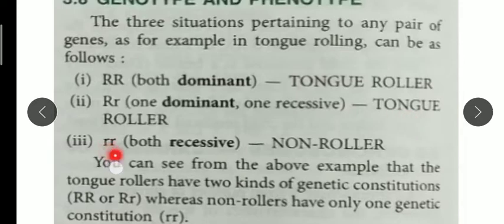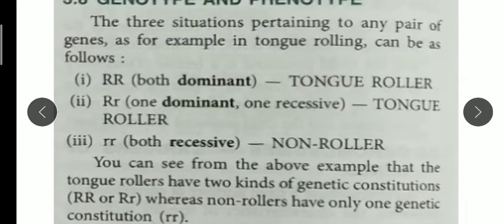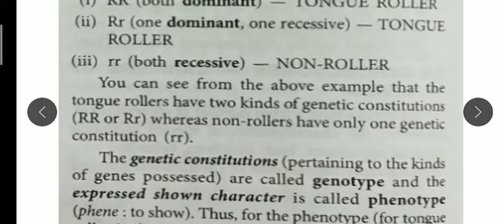But in the recessive case, small rr, the person is unable to roll the tongue because they do not have the gene for tongue rolling. So there are two kinds of genetic constitutions, RR or Rr, for rollers, whereas non-rollers have only one genetic constitution, rr. This is recessive only.